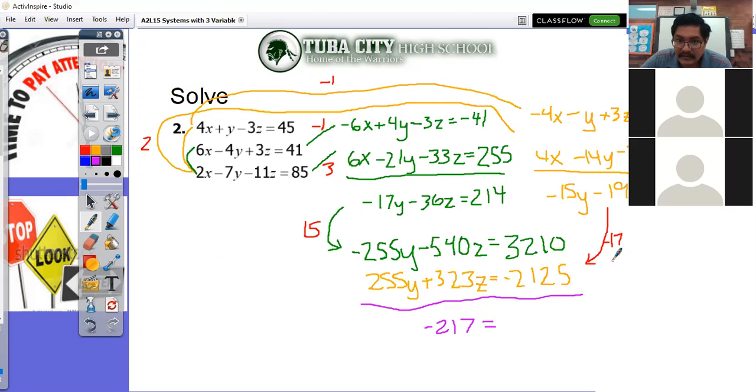And let's do this one, 3,210 minus 2,125. And it looks like I get 1,085. Now I have to divide this by 217. And we get a nice number.